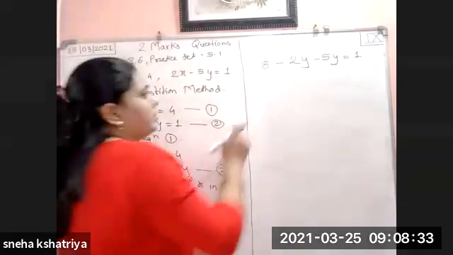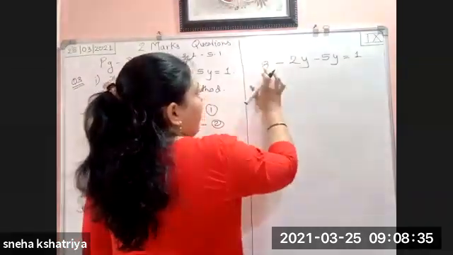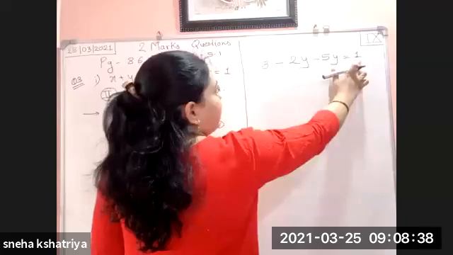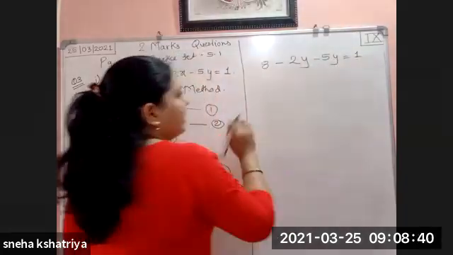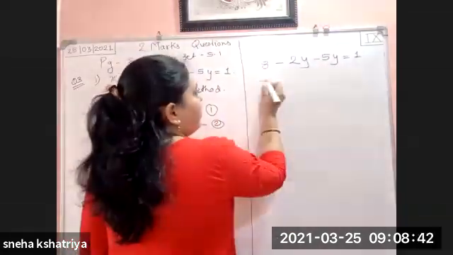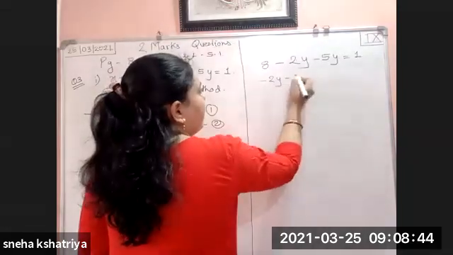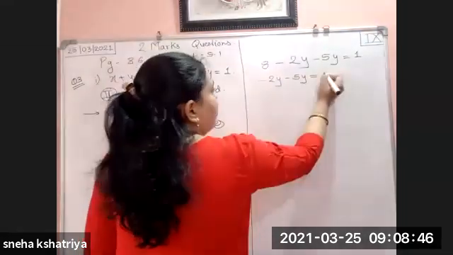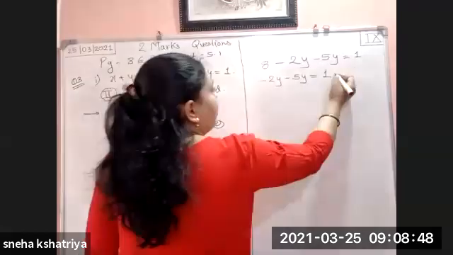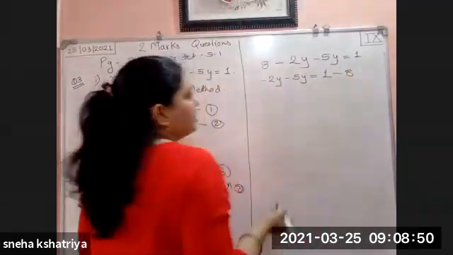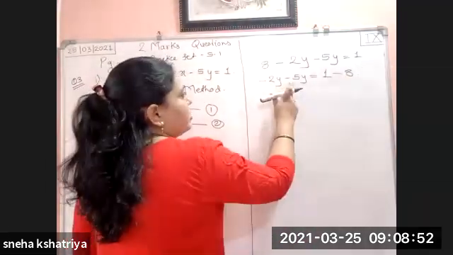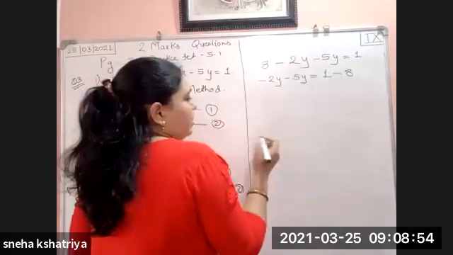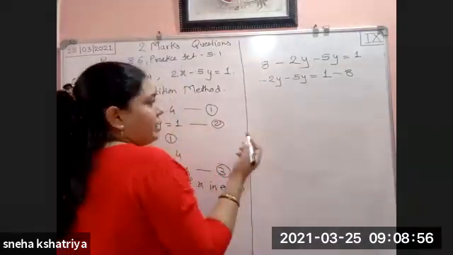Now solve this. See here, 8 is a constant number, and at the right side 1 is there. So 8 we can shift to the right hand side. Here what remains? Minus 2y minus 5y, which is equal to 1 minus 8, after shifting 8, it becomes minus 8. Remember the rules of addition.